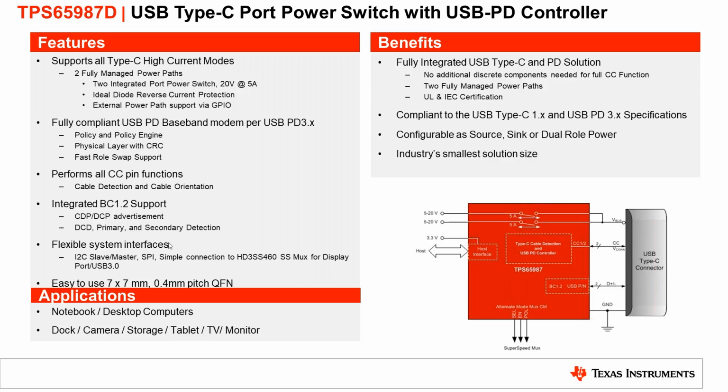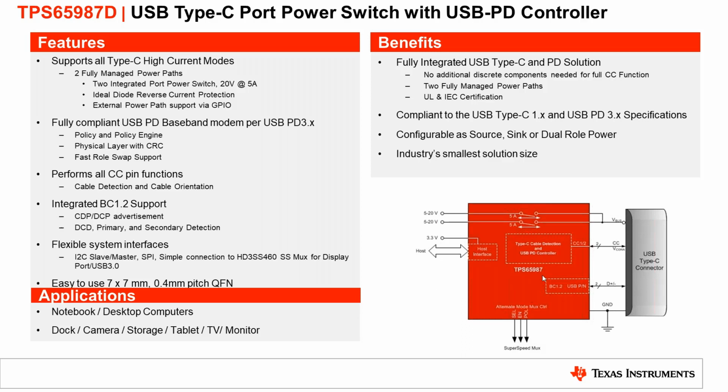And there's a flexible system interface. So there's I2C slave and master ports. The slave port is so that you can use an external microcontroller to read back registers, debug registers, or change some of your configuration options during runtime. And the I2C master port can be used to control external devices such as a SuperSpeed MUX or a battery charger IC.